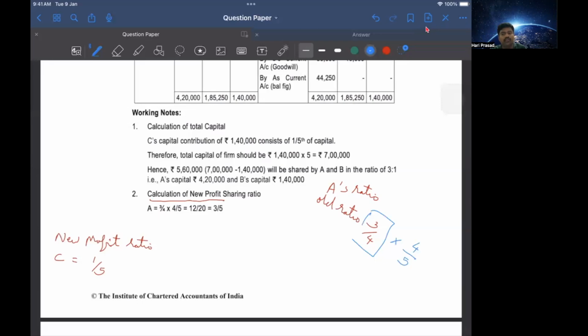How did I get 4/5? If the firm's profit is 5 rupees, 1 rupee goes to C. What is the balance amount? 4 rupees is available for A and B. The total profit is 5. Multiply this.